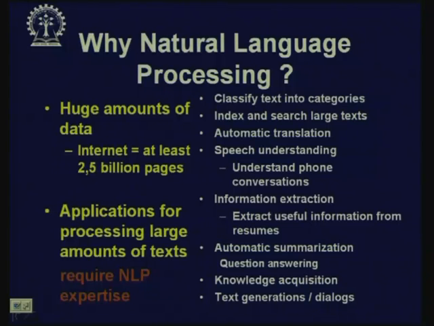Similarly, if a computer can understand a text that is written and speak it out, then for those who cannot speak, it would be a really great benefit, and this system is known as the text to speech system. Similarly, automatic speech recognition is a very important application.